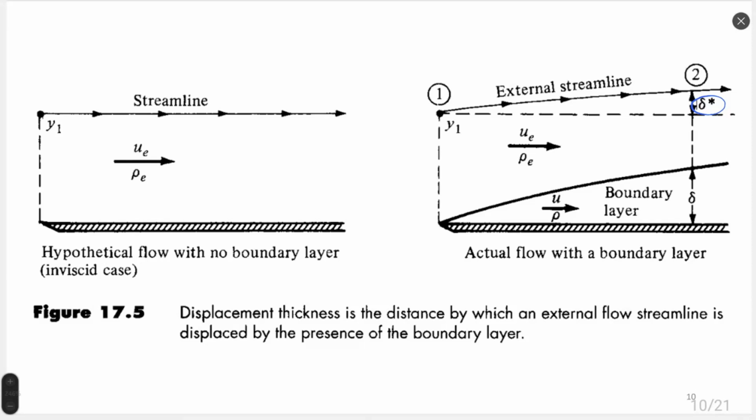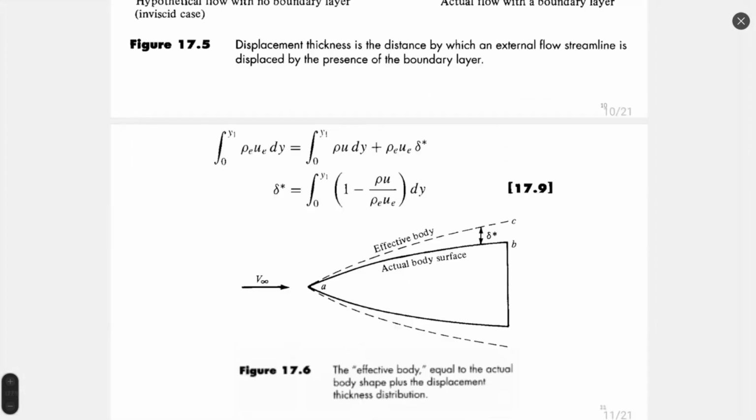Due to the presence of the boundary layer, all external streamlines are curved outside of the boundary layer, exactly by delta asterisk. So once we can estimate this displacement thickness, we can evaluate the direction of streamlines outside of the boundary layer. It's one application.